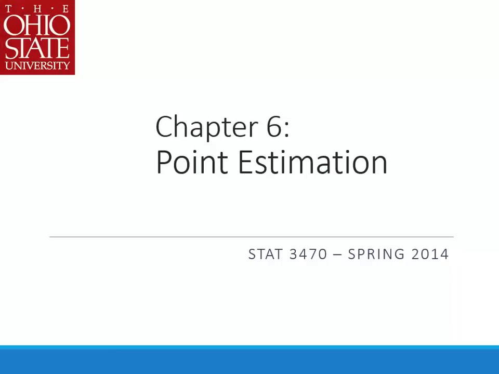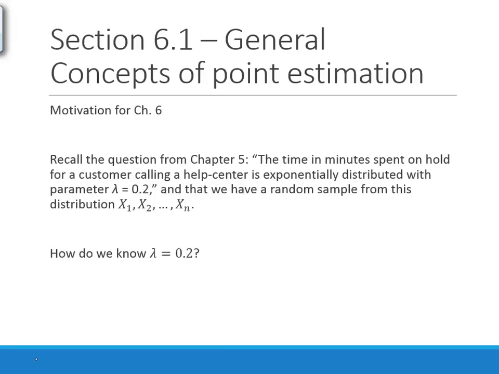Just as a way of motivation, and I was talking to a few of you in office hours last week about this very question, so this is not listed in your notes here. If you go back to any question we did in chapter 4 or 5, I don't know if you ever felt a little bit unsatisfied.